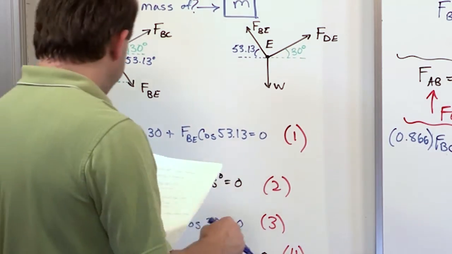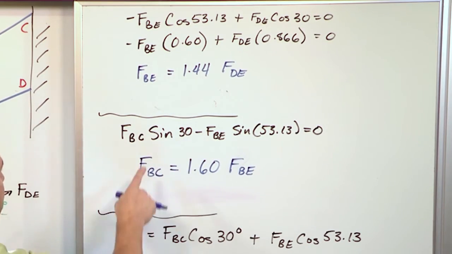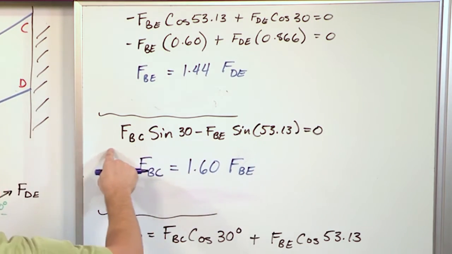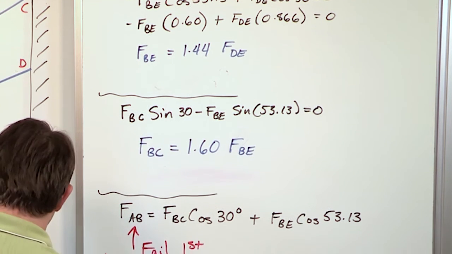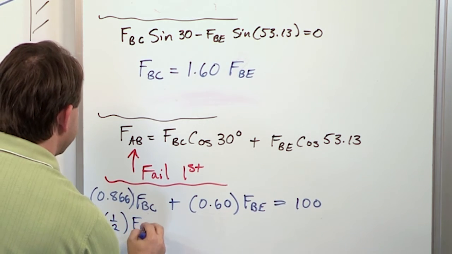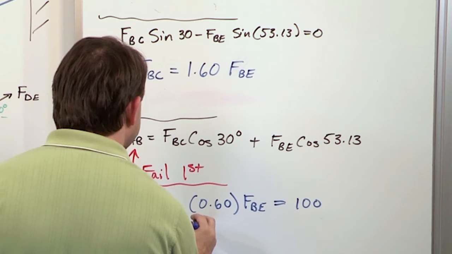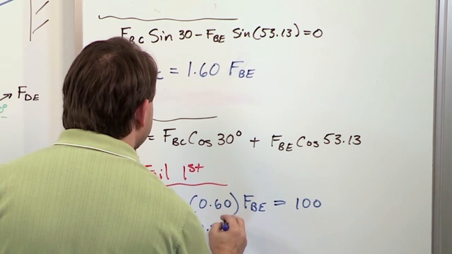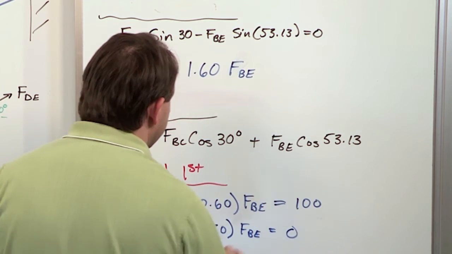So we put this directly underneath here, and if you go back and look, basically it's this equation here that we just did. So what you're going to have here, sine of 30 is 1/2, so this is going to be 1/2 FBC. And this will be minus sine of 53.13 is 0.80 FBE, and this is equal to 0.